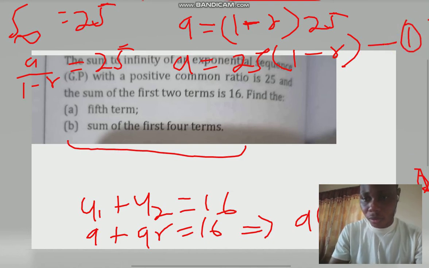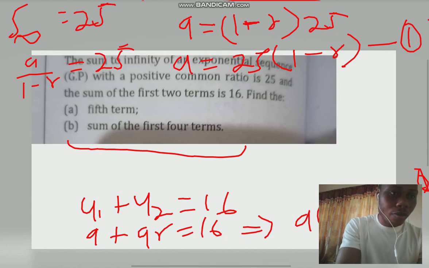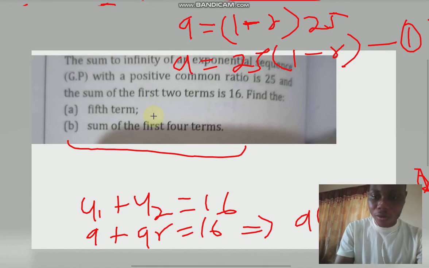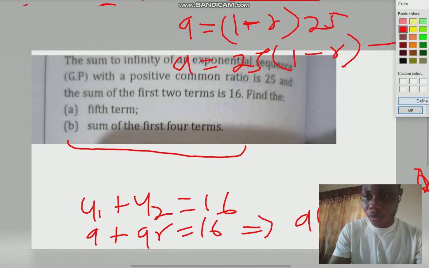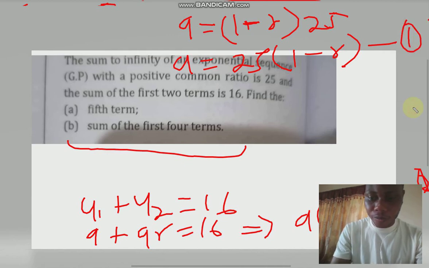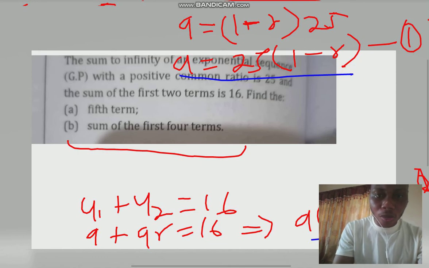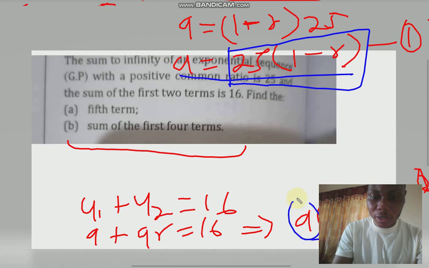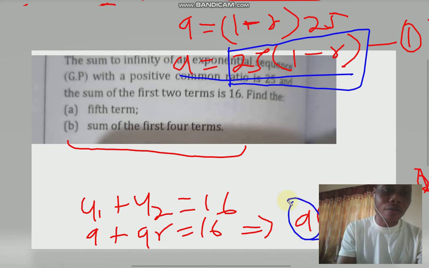I'll just clean some part of my question. So if I want to solve it simultaneously, I'm supposed to solve this equation and this equation. I'll substitute this a into this a, so that I can solve for r.